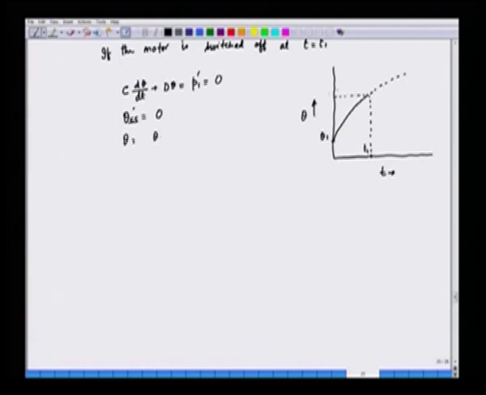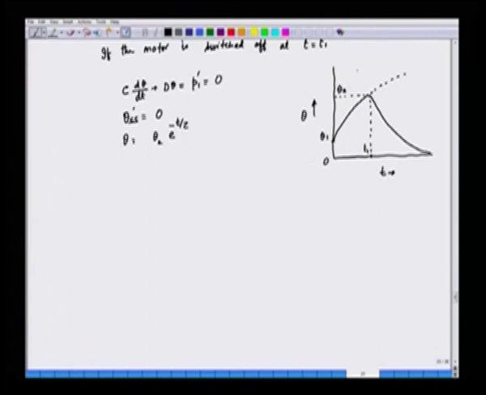This is basically the initial temperature when the motor is switched off. So, we can say that theta is equal to theta 2 exponential minus t by tau. So, this decreases exponentially, and finally, this may go down to 0.